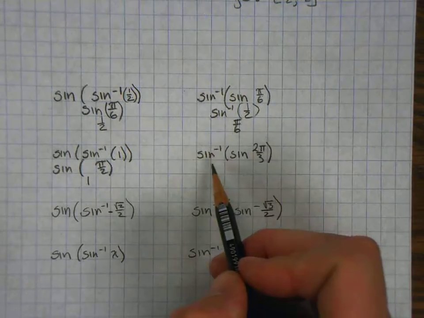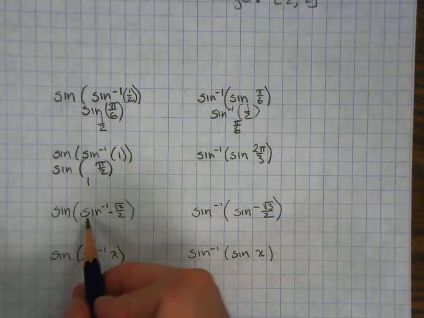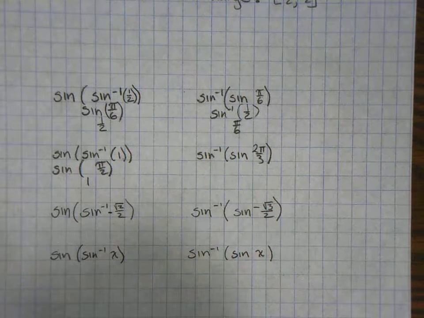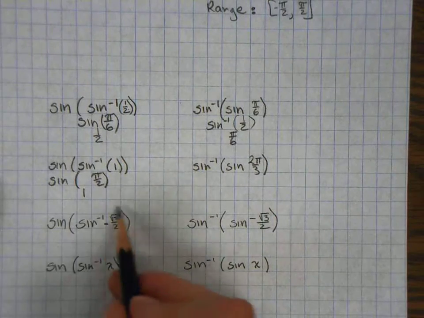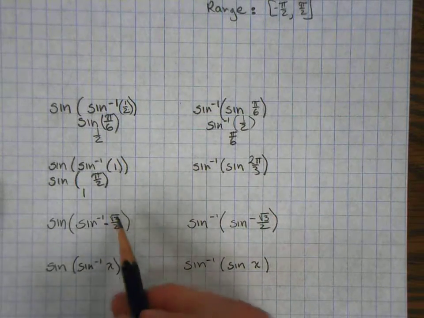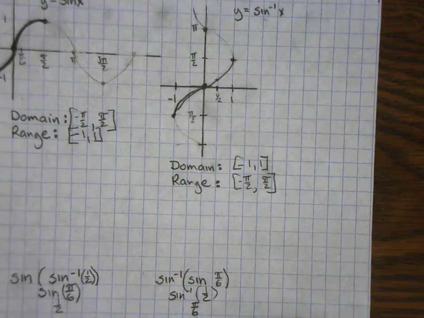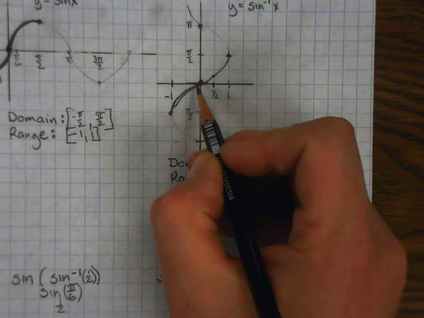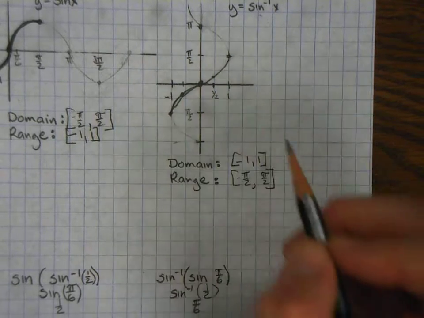I'm actually going to continue down on this left-hand side. So let's see. Inverse sine of negative root 2 over 2. What the heck is that? Well, we've figured out root 2 over 2 corresponds with things that involve pi fourths. Negative root 2 over 2 is a little bit smaller than negative 1/2, so we can figure out that's probably negative pi fourths, which it is.